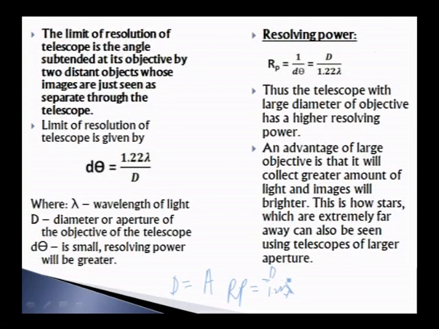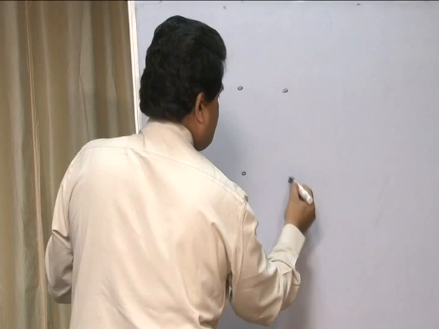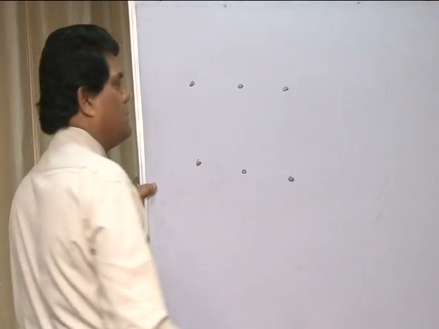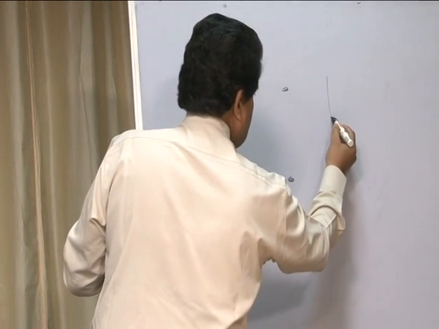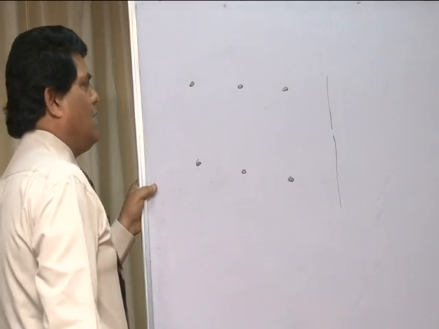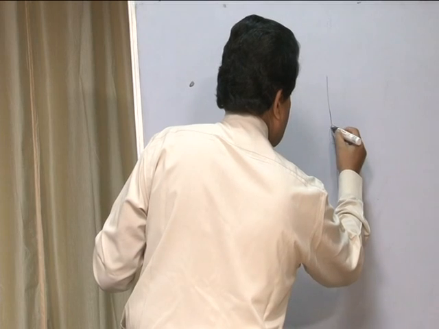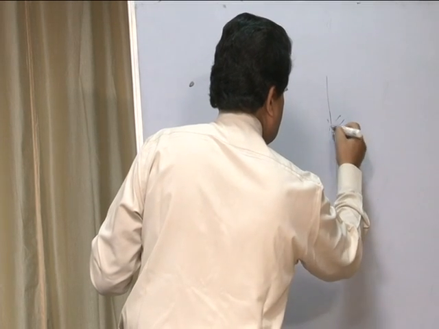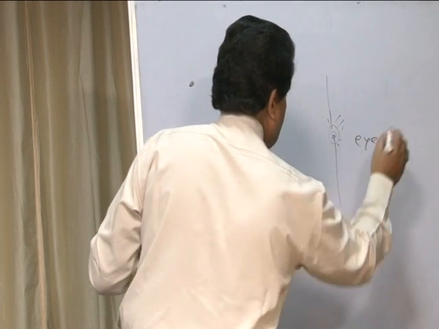These dots represent the headlights of the car, which are at a fixed distance. Now, suppose there is an obstacle, and this obstacle is nothing but the eye. This is your eye, you can keep your eye here.